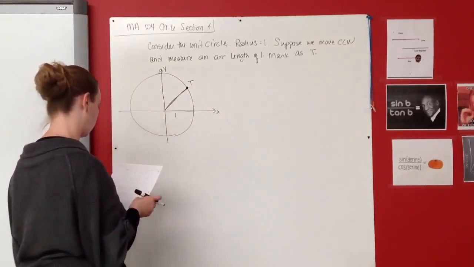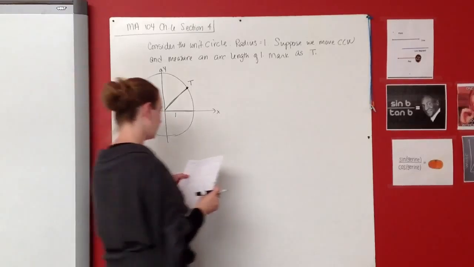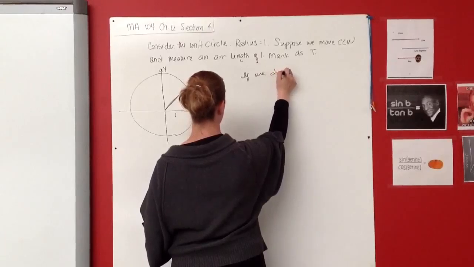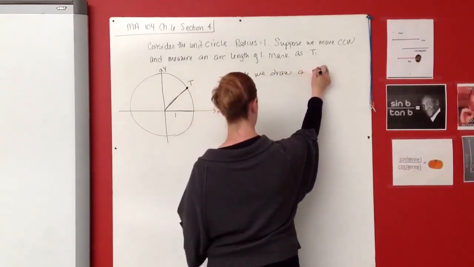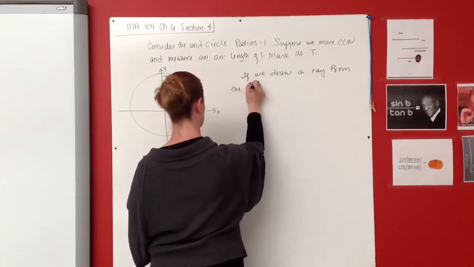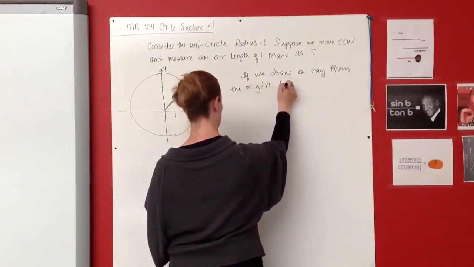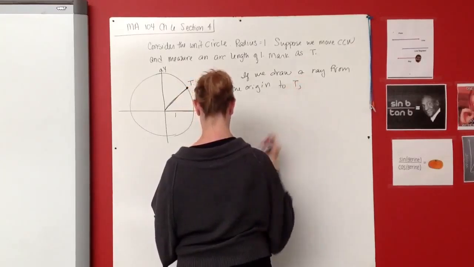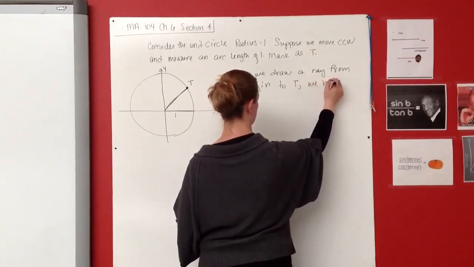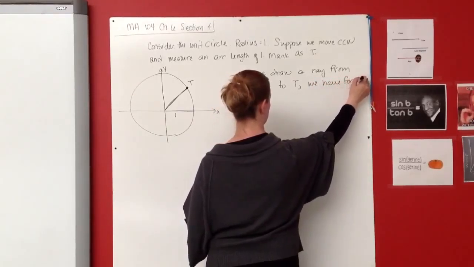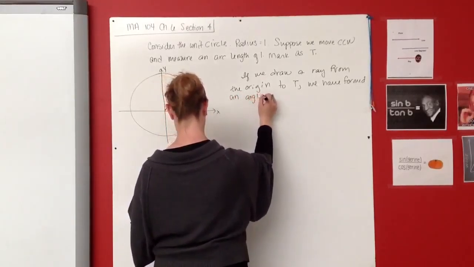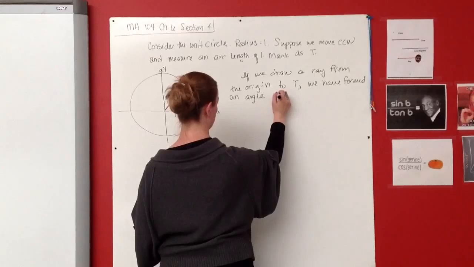Where it stops, we call that point T. If we draw, which we already did, a ray from the origin to T, we formed an angle with a measure that is 1 radian.